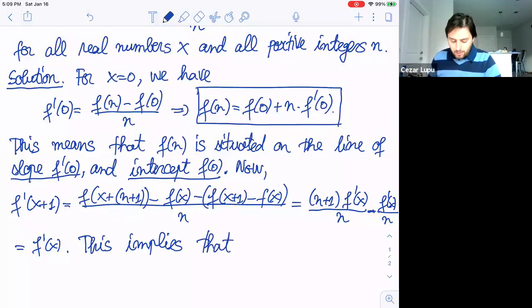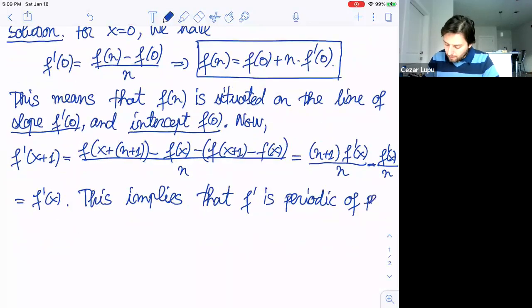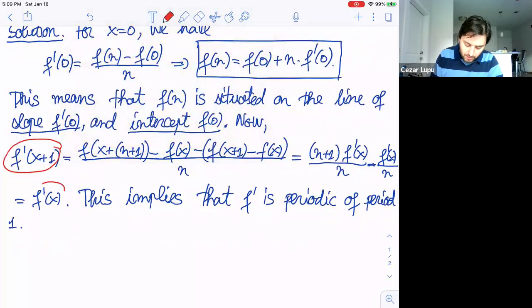So this implies that f prime is periodic of period 1. Because we have f prime of x plus 1 is nothing else than just f prime of x. So that's what it means for a function to be periodic with period 1. All right, great.